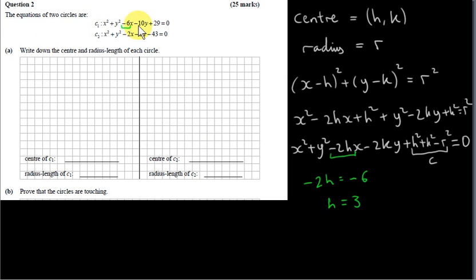We do something similar for getting k. k is the y coordinate of the center. Minus 2k is equal to minus 10. So k is, we just half 10 and change the sign. k is 5. So we found the center of the circle. The center of C1 is (h, k) equals (3, 5).